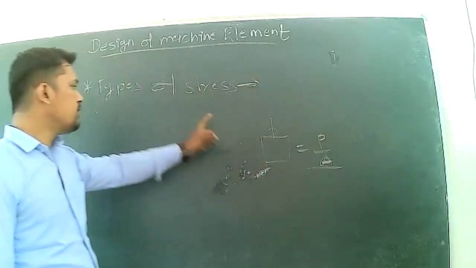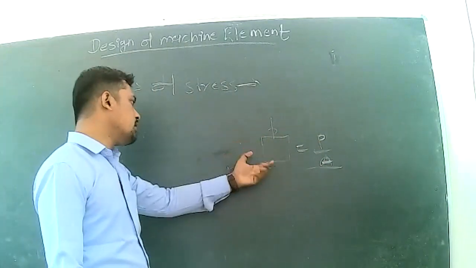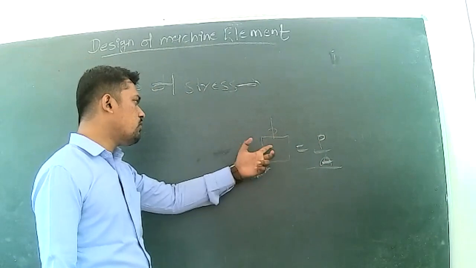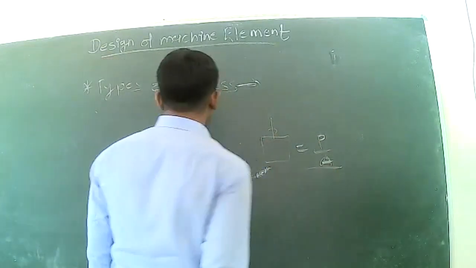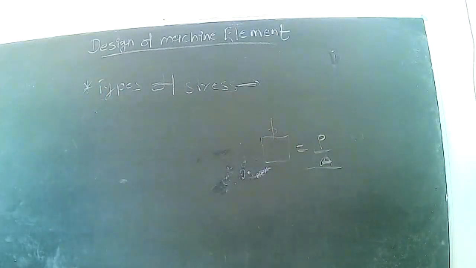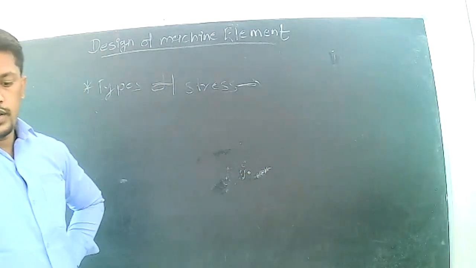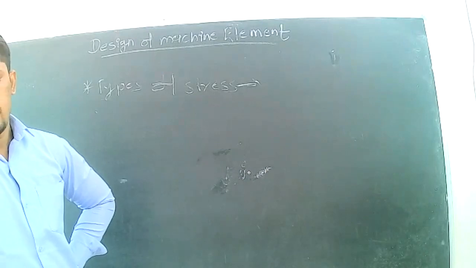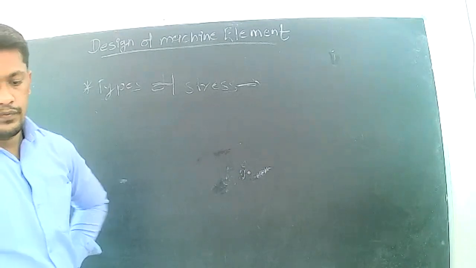The basic formula of stress is T divided by A. Suppose we apply some amount of force on an area. The amount of stress is T divided by A. It's called the stress. So what are the types of stress? Tensile stress, compression stress, bending stress, direct shear stress, torsional stress, and crushing stress.